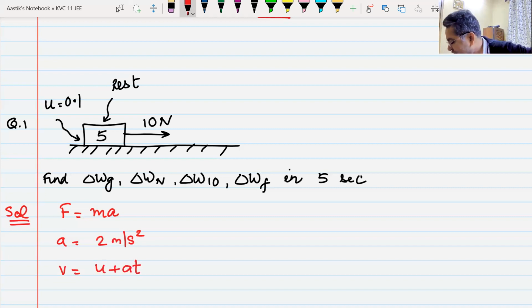Now V is 10 meter per second. Okay. Now we are talking about work done, but that thing has never come.